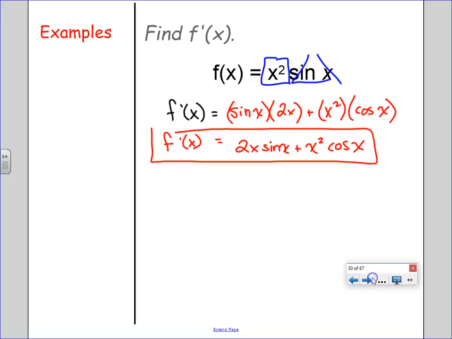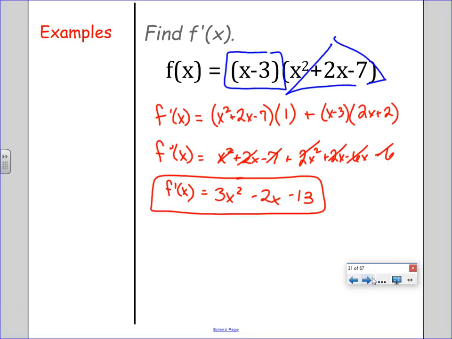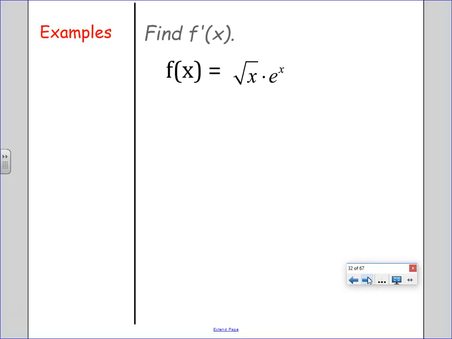So you guys tell me, how many different ways are there of finding this derivative? Why just one? I can't distribute. I can't get rid of that multiplication. I'm stuck with it. So if you're stuck with it, what rule had you better go to whenever you see a product? Oh, go.